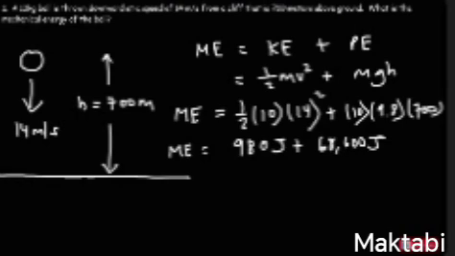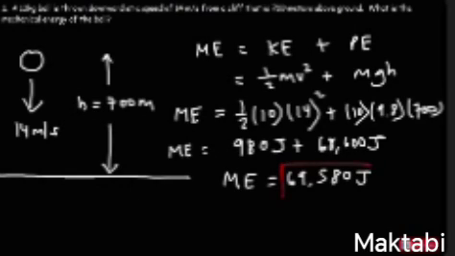The majority of the mechanical energy of this object comes from its potential energy, as we could see here. Adding those two numbers gives us this result: 69,580 joules of total mechanical energy that this object possesses. So that's how you can calculate the mechanical energy of an object. All you need to do is find these two and add them up.